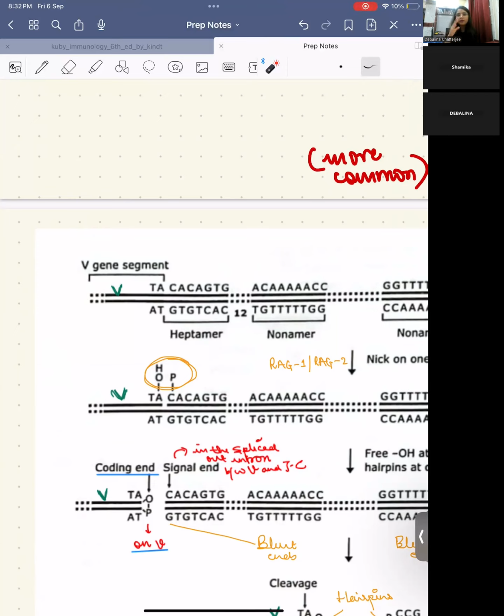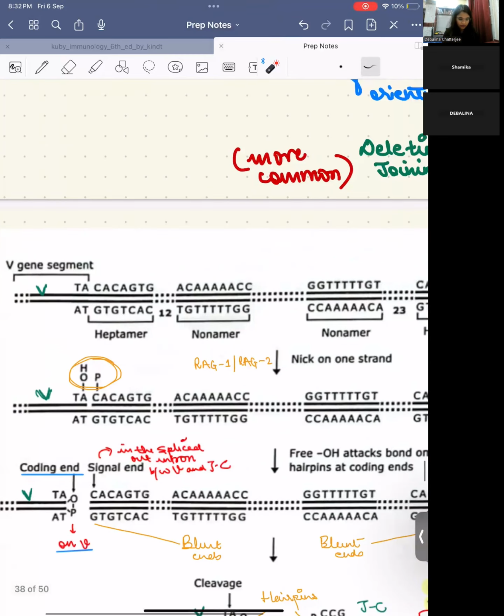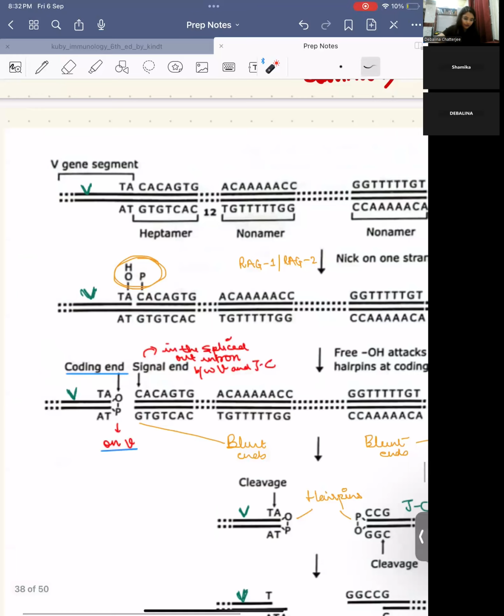So if you see why DNA replication is always happening in the 5 prime to 3 prime direction, it is because the 3 prime OH group is something that can make a nucleophilic attack. That is the whole reason. As soon as we have a free 3 prime OH, it has everything that it needs to make an attack on this strand, and that is what eventually forms this hairpin loop.